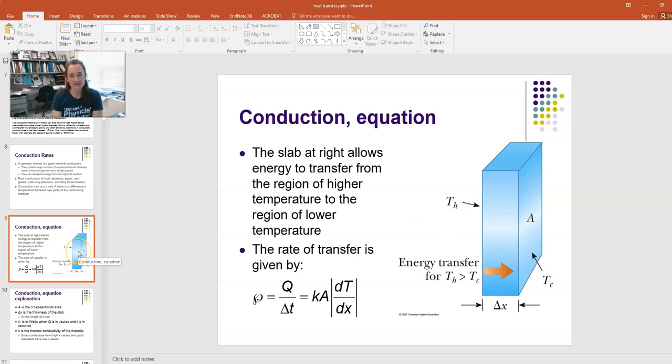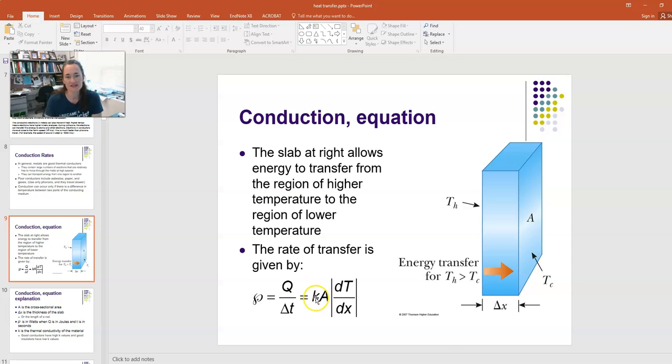Now, we've been discussing conduction. In introductory physics, we show this equation for the rate of energy transfer via conduction. The power, curly P, is equal to the amount of heat energy transferred, Q, divided by the time, delta T. So power is equal to Q over delta T, where Q is heat and delta T is time, and that is equal to K A dT/dx.